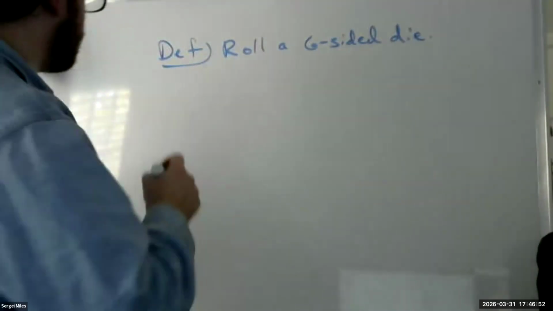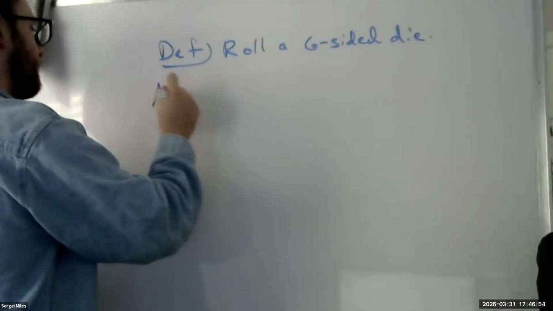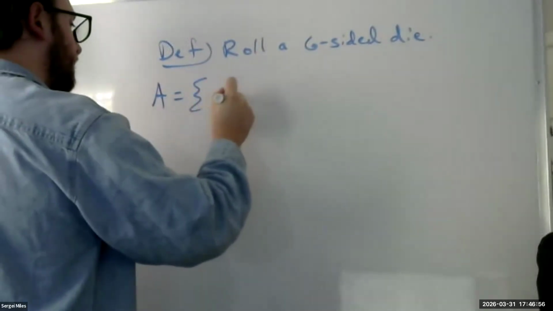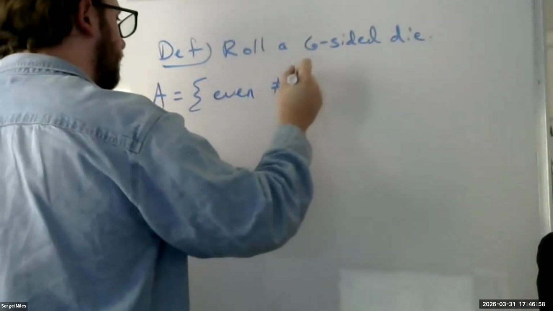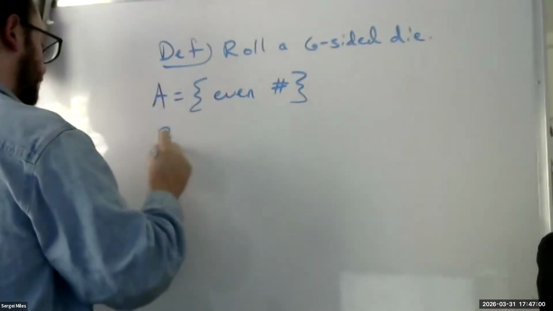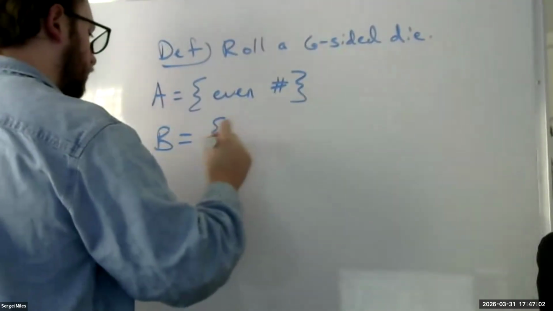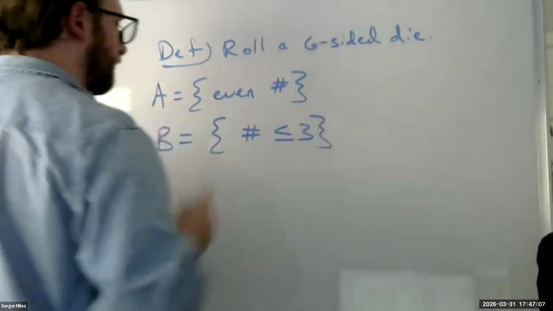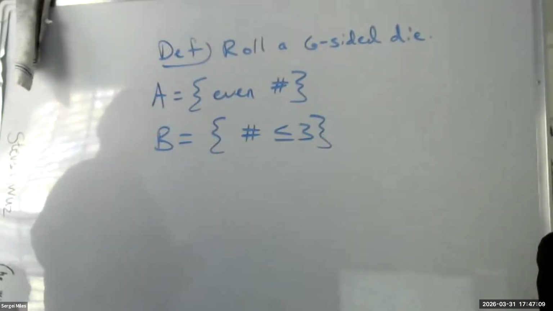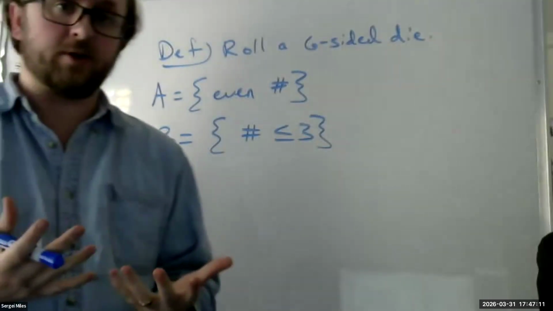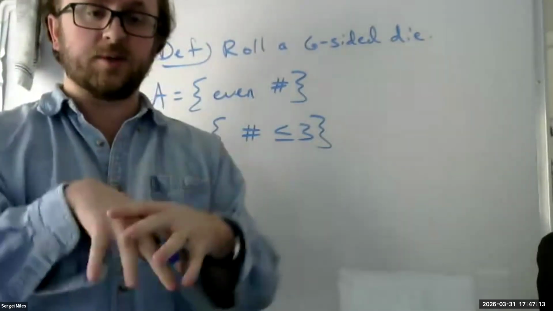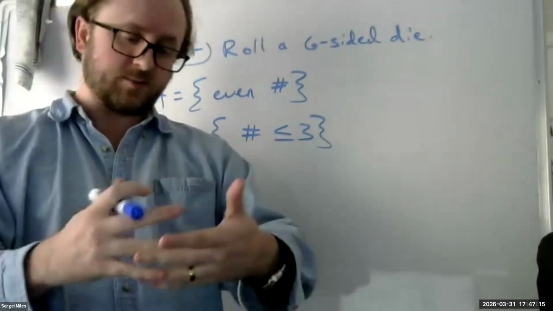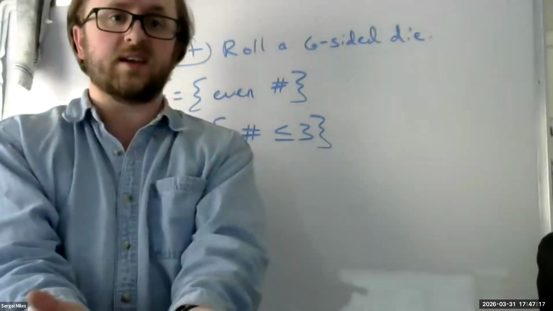Let A be the event that I have an even number. And let's say B is the event where I have a number less than or equal to 3. With conditional probability, the idea is that something has occurred which is prior information to the random event.